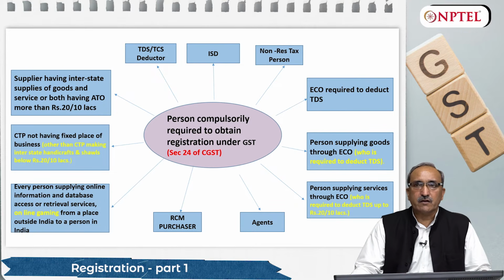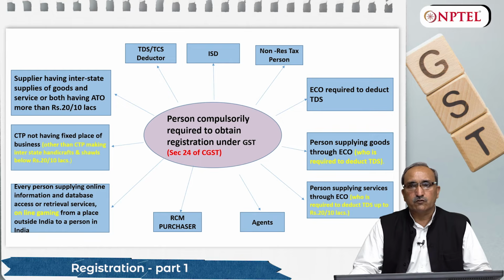Then e-commerce operator required to deduct TDS, I already explained you. E-commerce operator is also required to obtain GST number. Then person supplying goods through e-commerce operator, I told you the vendors, those who are selling goods, they need to obtain GST number.